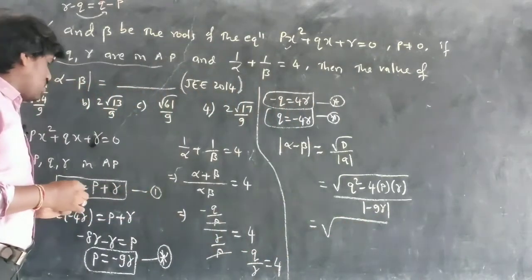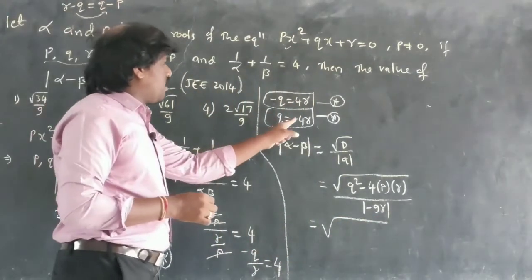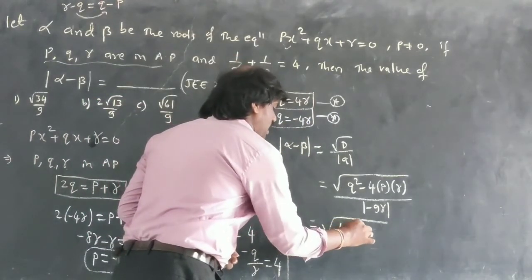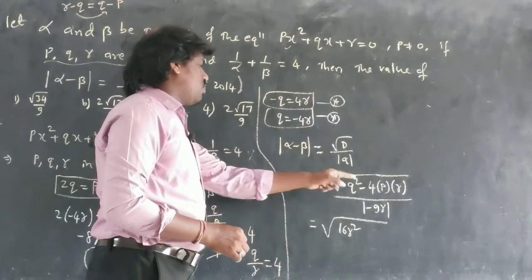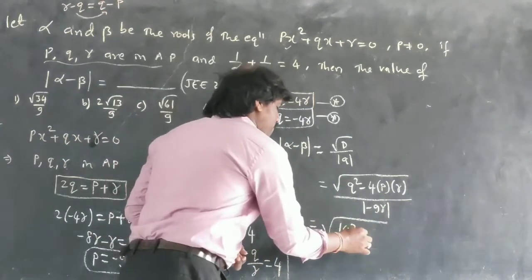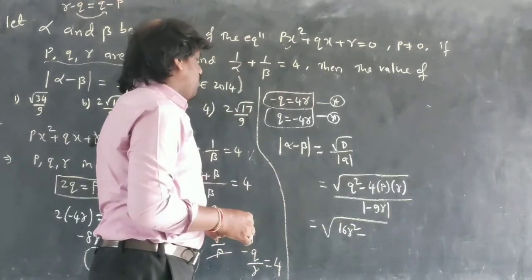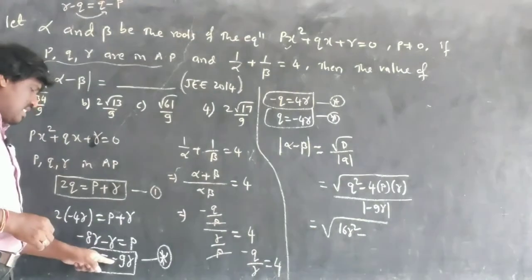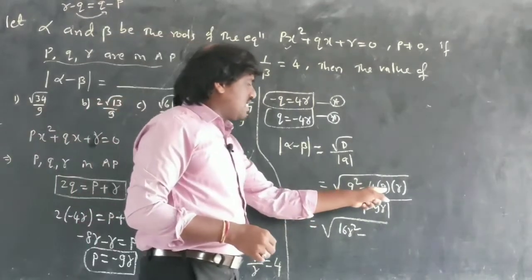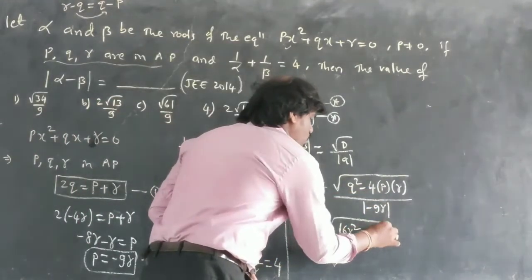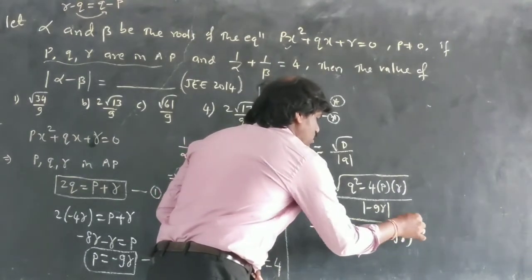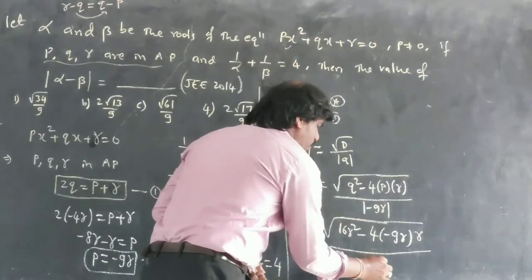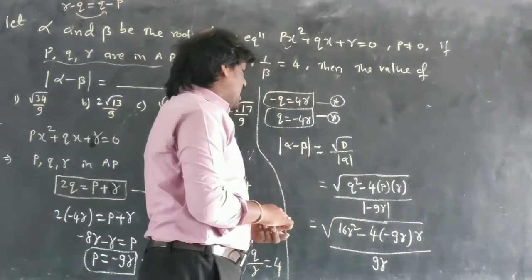What is the value of q square? q is minus 4r, so q square is minus 4 whole square, that is 16r square, minus, and p I am going to change in terms of r, and p is minus 9r. So if I keep minus 9r in this, 4 into minus 9r into r, divided by the modulus of this value, which will give a positive result, that is 9r.